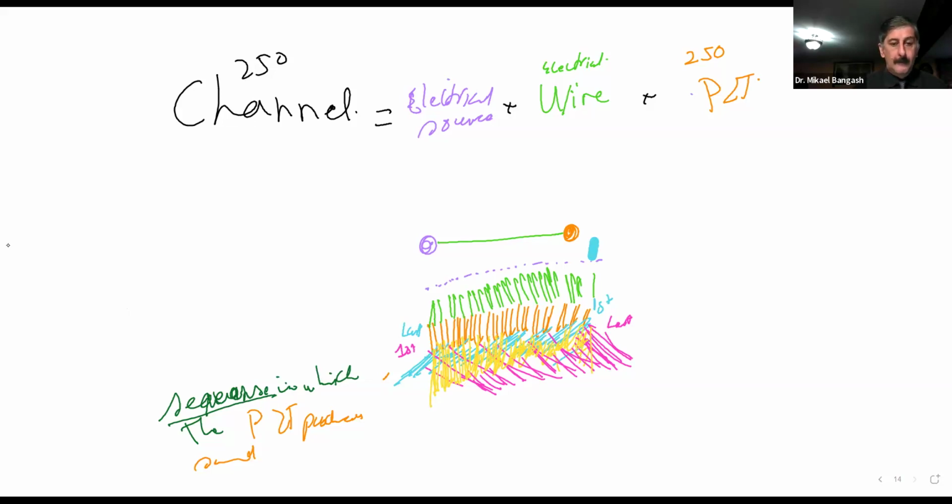But we can say it may start from this pattern, that this PCT fires first, this fires last, going on to firing at the same time, and then going on to that this becomes the first and this becomes the last, and causes the beam to be steered in this direction.